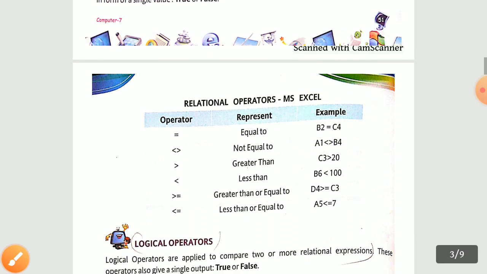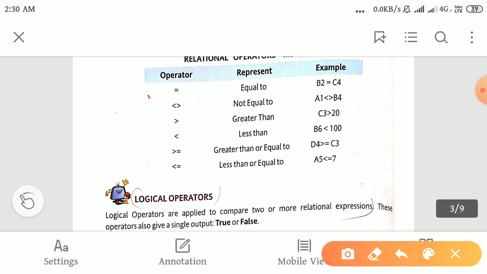Now see, this many operators we are having. Equal to, checking for equality, right? And not equal to means whether these both are equal or not, right? Now see over here, at the right hand side, the example they have given: B2 is a cell address, right? So it is checking the content present at B2 with the content present at C4, right? The comparison will be of the content in both, not of the cells. Exactly, fine.